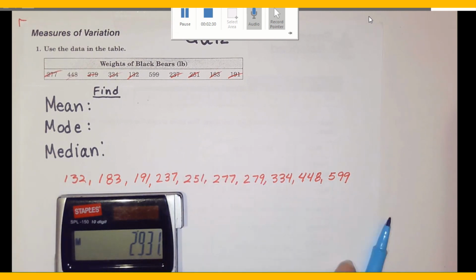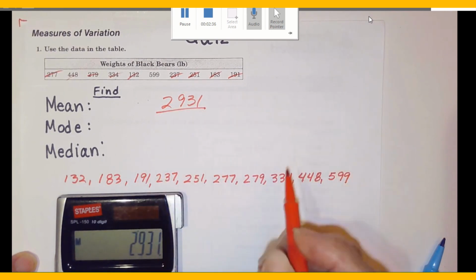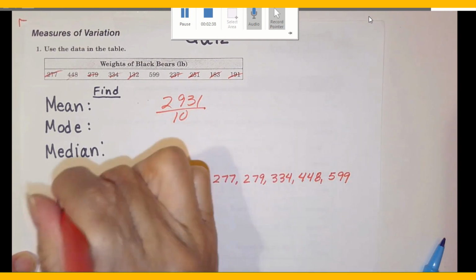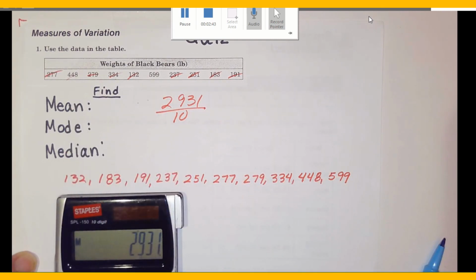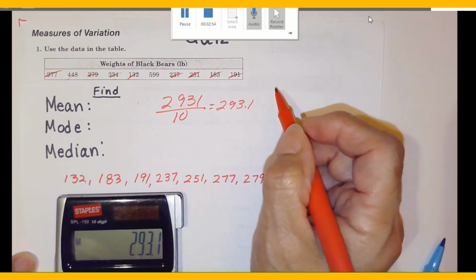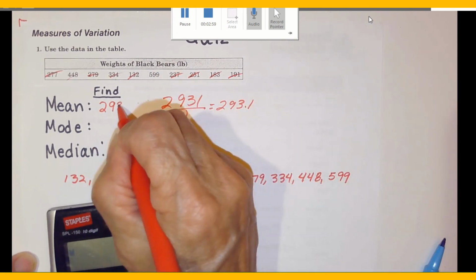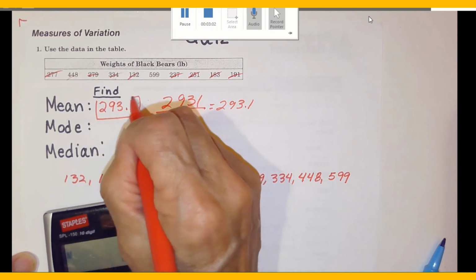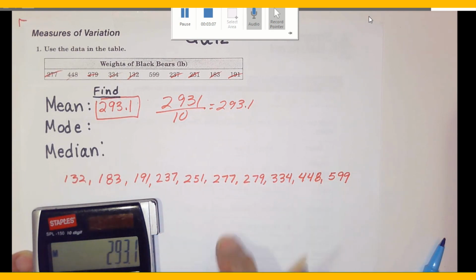So I'm going to take the 2,931 and divide it by 10 because I have 10 pieces of data. And that equals 293.1. And that's my average. If you look here, you could see it's about in this area here, 293.